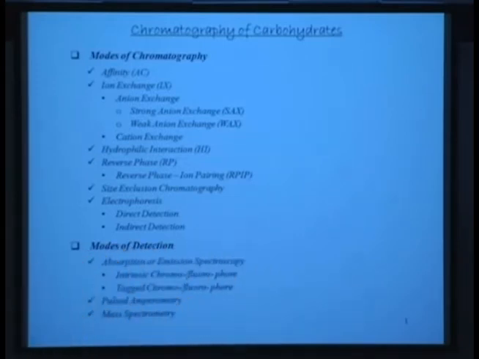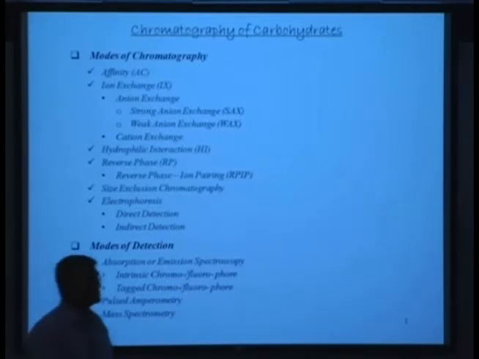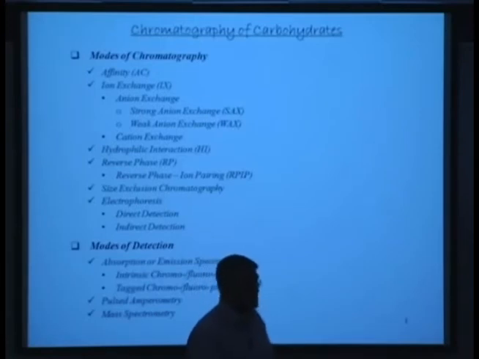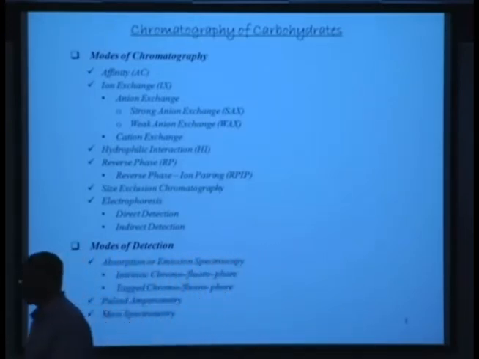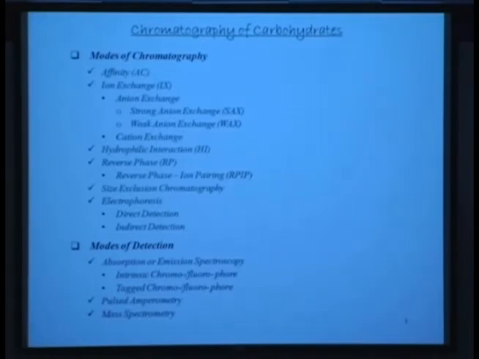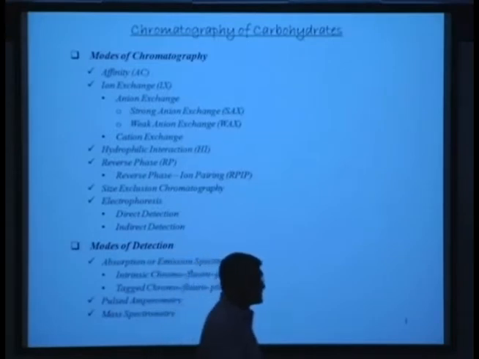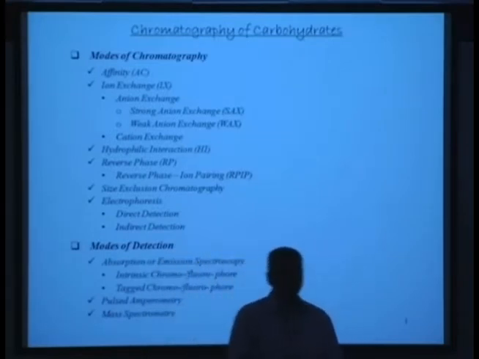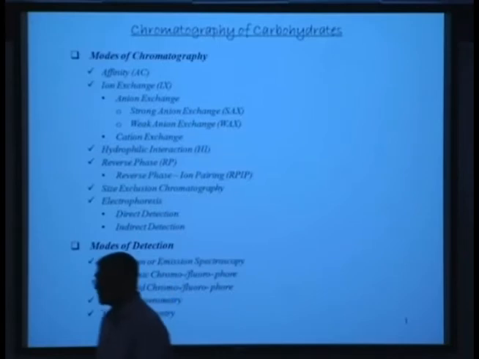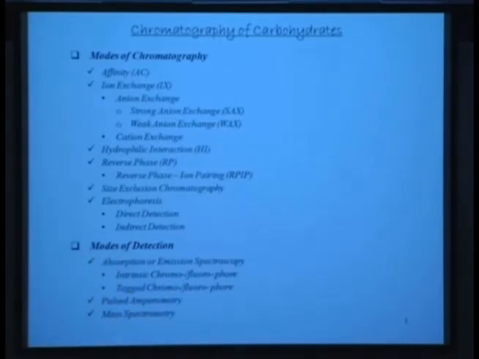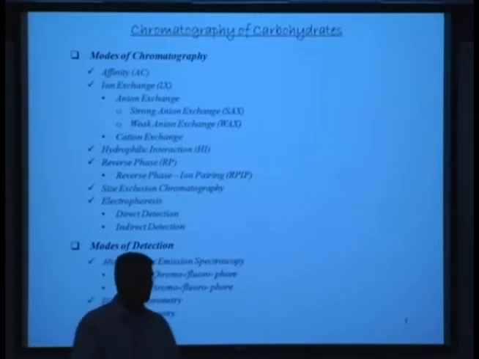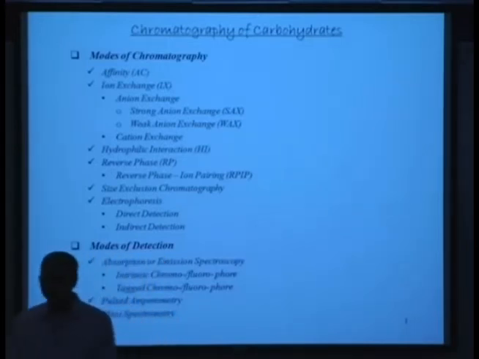Okay, so in general, we can classify glycans into two major categories, two major types. Type 1 are the neutral glycans, and type 2 are the highly sulfated glycans. So the neutral glycans are, for example, what we studied just now, the N and O glycans.